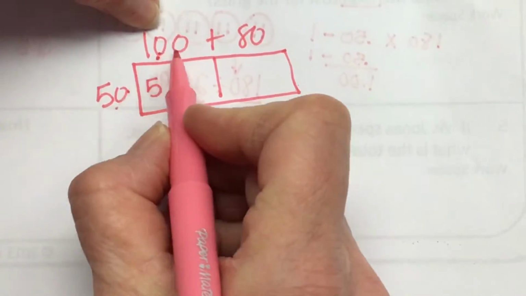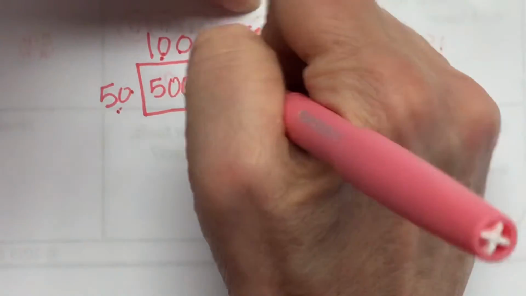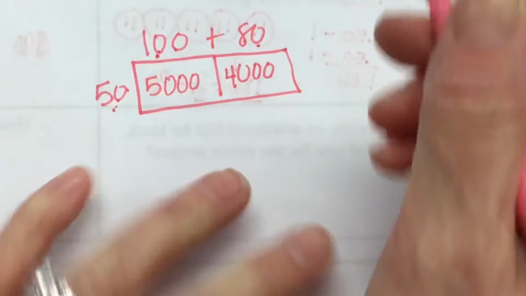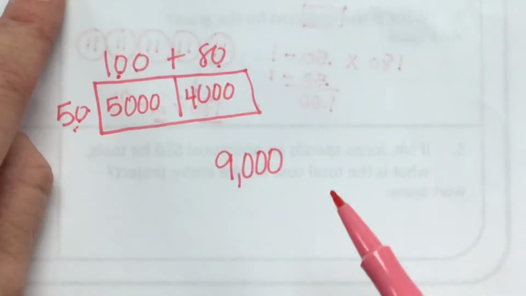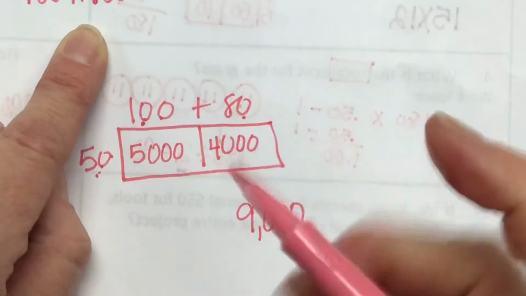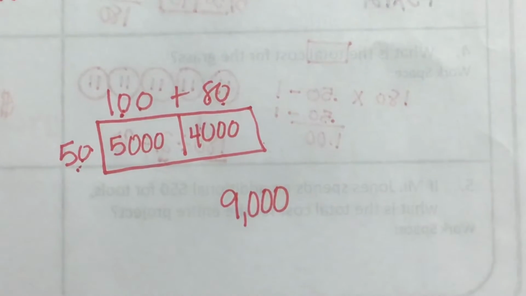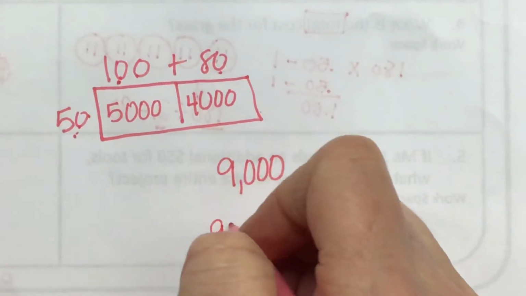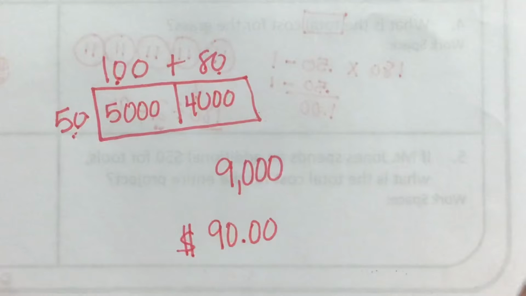Add 1, 2, 3 zeros. 5 times 8 is 40. Add 1, 2 zeros. Add it together, that's 9,000. But we have to go back and put that decimal point in. Where does my decimal point go in money? How many places do I leave to the right of the decimal? 2 places to the right. So now instead of 9,000, it's $90.